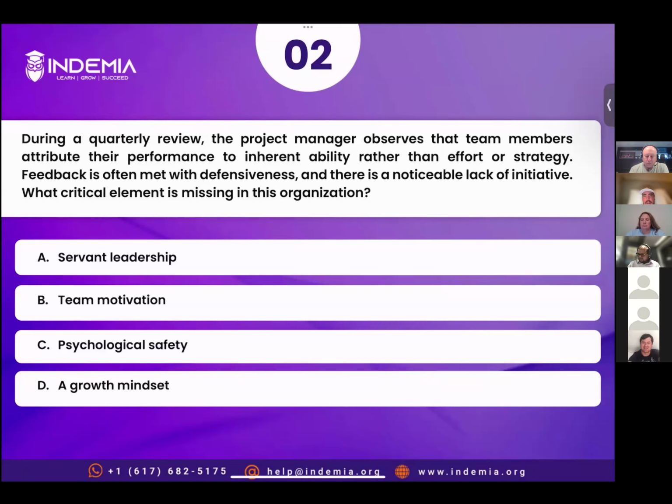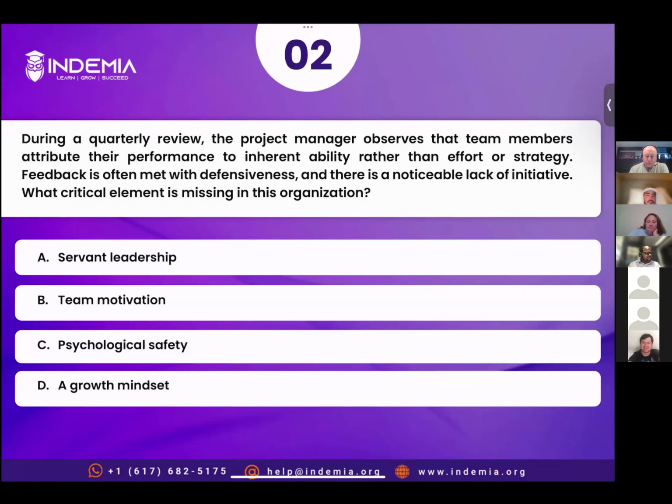And then I thought the first part about their performance, that they attribute their performance instead of their effort. It's like they're more psychologically oriented towards, I don't know, their performance over their effort. I don't know. I think I was going between C or D on this one.